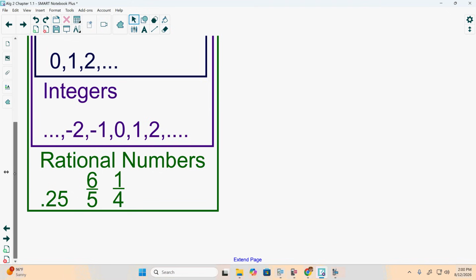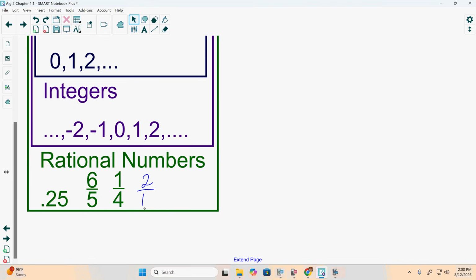Natural numbers are rational, because I can write 2 as a fraction, 2 over 1. That's still just 2. It is a ratio. It is a fraction. Natural numbers, whole numbers, and integers are all rational numbers. 1/2 is not a natural number or a whole number or an integer. It's a rational number. It's only rational.